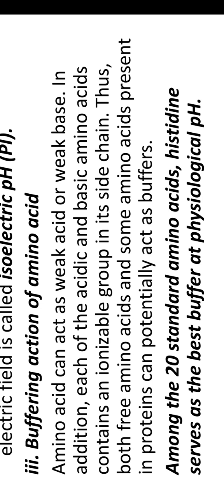Thus, both free amino acids and some amino acids present in proteins can potentially act as buffers. Among the 20 amino acids, histidine serves as the best buffer at physiological pH. So the protein containing amino acids can act as a buffer in our blood.